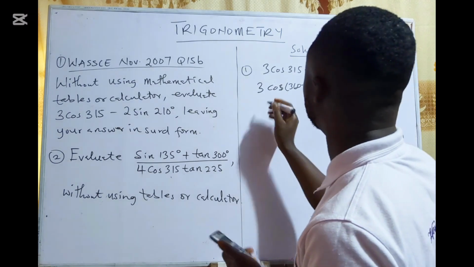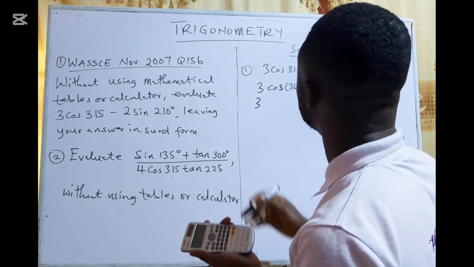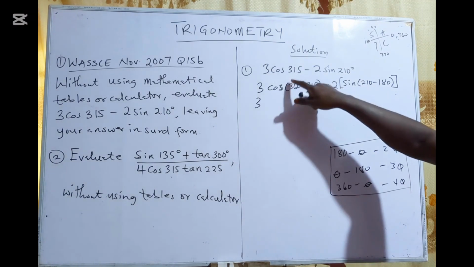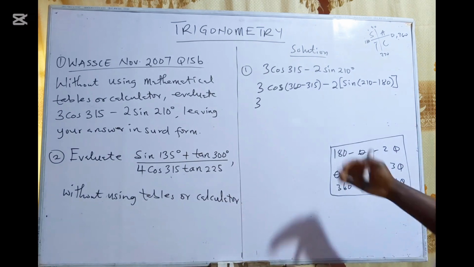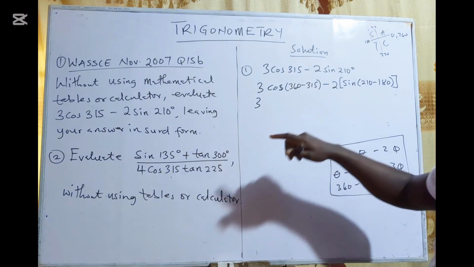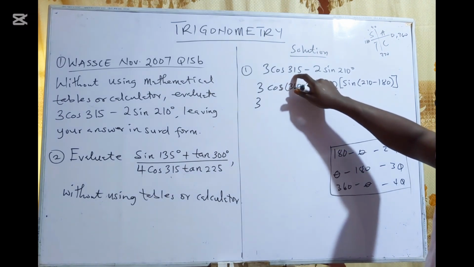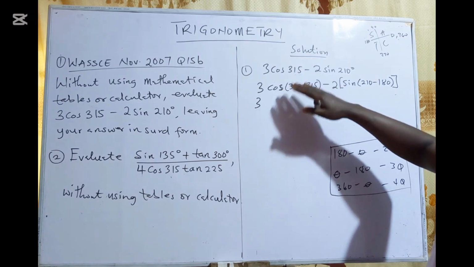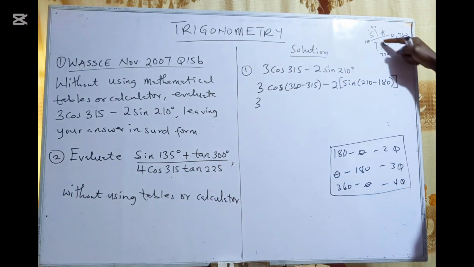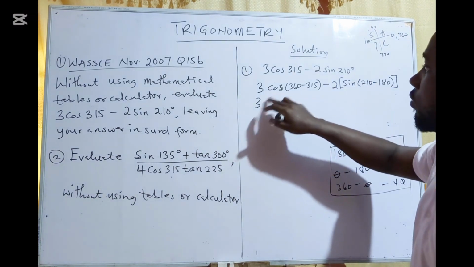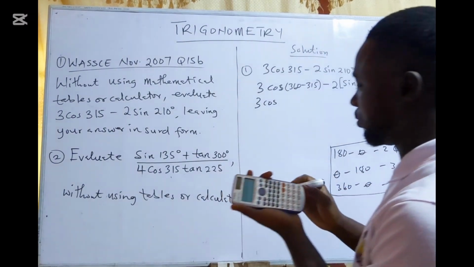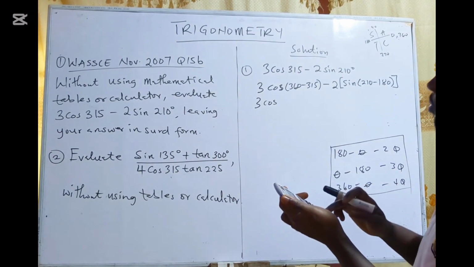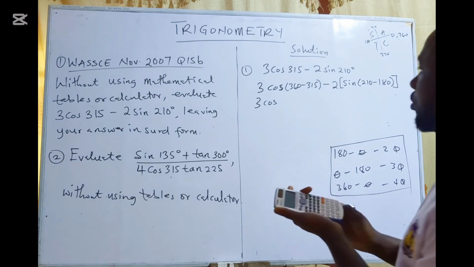Before you continue from here, before you write it in the first quadrant as acute, you have to ask yourself: this angle is in the fourth quadrant, so what is cos in the fourth quadrant, positive or negative? Cos is positive in the fourth quadrant, so the value will still continue to be positive. So we have 3 cos, then 360 minus 315 gives us 45.